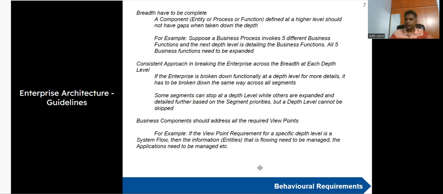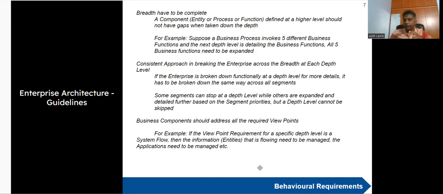We need to have a consistent approach in breaking down the enterprise across the breadth at each depth level. As we saw when we looked at the depth slide, there are different ways we can go into the details and define each depth, and break the enterprise down. The key thing to care about is that at any particular depth level, the way I break down the enterprise or the segments should be consistent across the breadth of the enterprise.